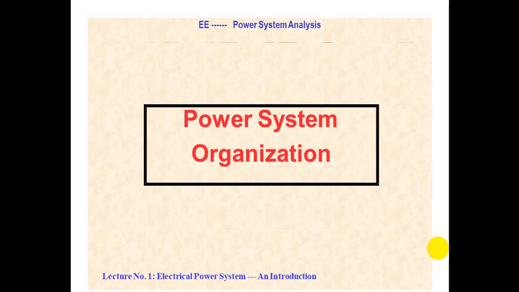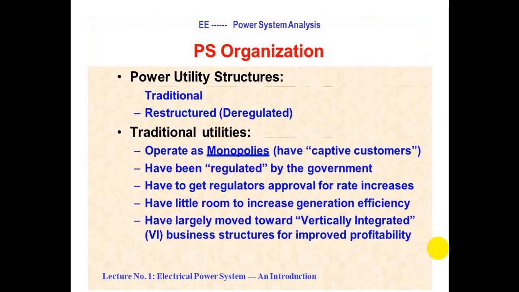Then power system organization, which is basically how the utility or the consumer power authorities have this system organized and managed. Power utility structures involve a traditional structure and a restructured or deregulated part. So we will see both.